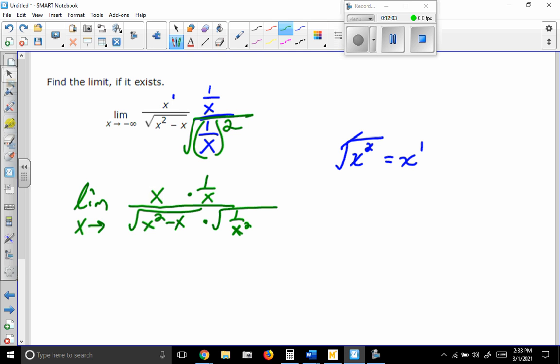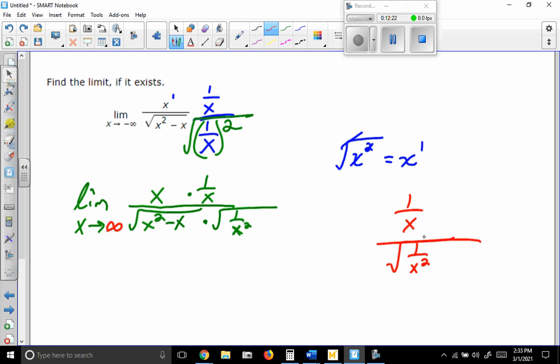Now here's where we have to be careful, and I wish I would have done these in a different order, but if we were going to positive infinity, let's look at the fraction 1 over x over the square root of 1 over x squared, under the radical.